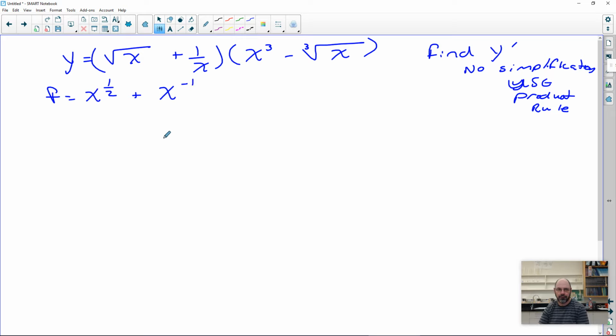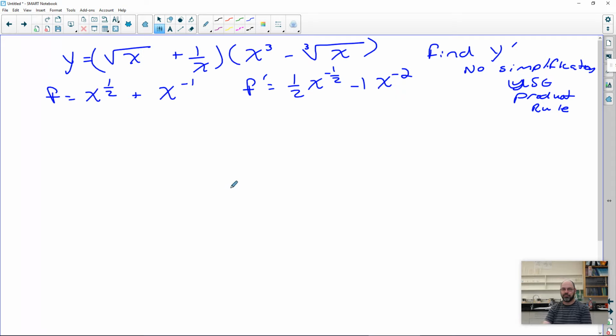Then f prime equals 1/2 x to the 1/2 minus 1, or 1/2 minus 2 over 2 is negative 1/2, plus negative 1 x to the negative 2.